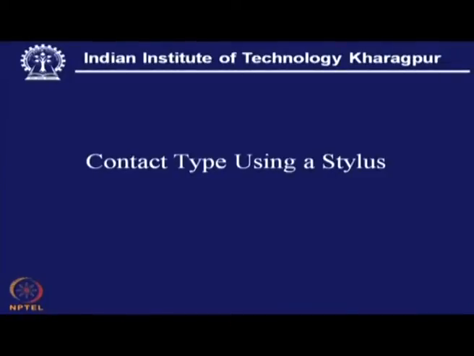Now, here we need apparatus, and these apparatus are very handy, and can be used for all routine activities for measurement of surface roughness, and we can have both contact type and non-contact type. Contact type means we have to use one stylus, and this stylus is in direct contact with the surface to be examined.